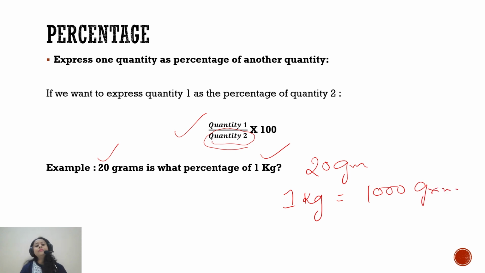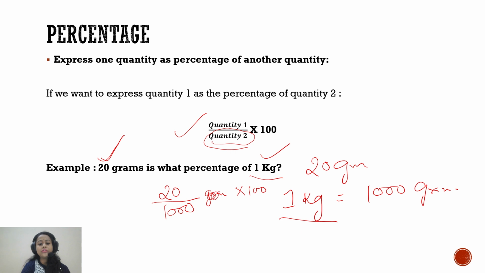Now quantity 1 is 20 gram, and quantity 2 is 1 kg, which is 1000 gram. So our final expression will be 20 by 1000, into 100. We will not write gram here.